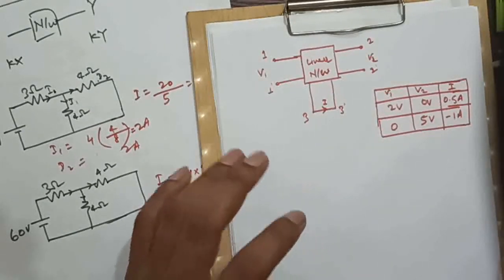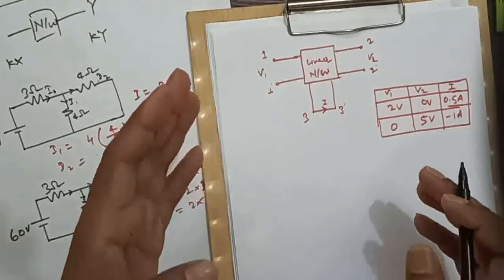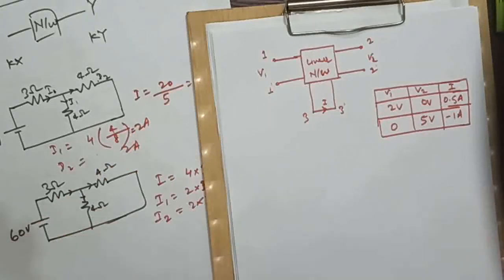Now since they have given this much data, we have to find the value of I when V1 and V2 both are acting simultaneously.